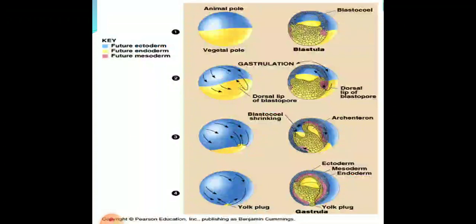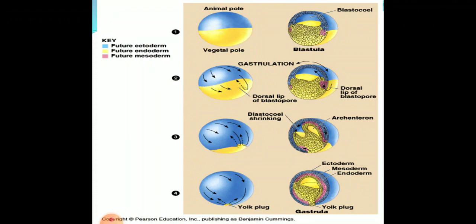In the diagram also you are seeing the different events which are occurring in the gastrulation process. First see animal pole, vegetal pole, there is an egg diagram, and after the cleavage there is a blastula. Blastocoel is present in the right side upper diagram, and gastrulation occurs after the blastula. Here the different parts, dorsal lip of the blastopore, you are seeing, and archenteron is present in the gastrula, means the cavity present in the gastrula is called archenteron.